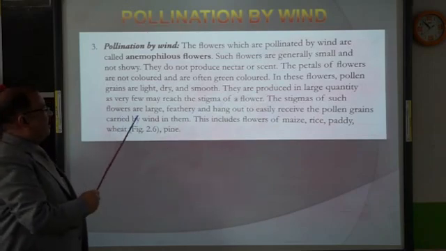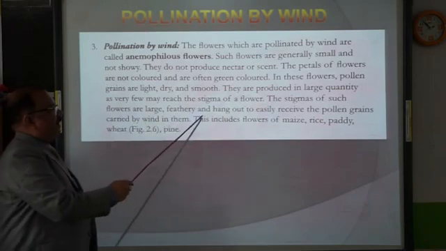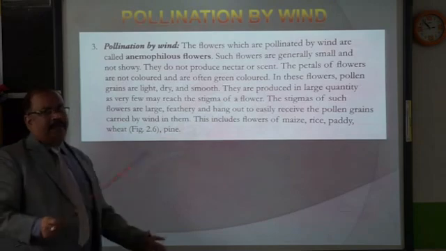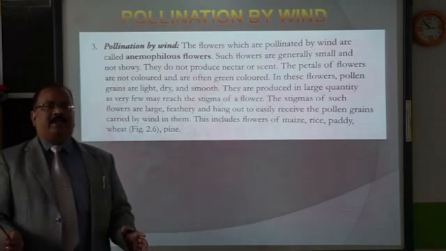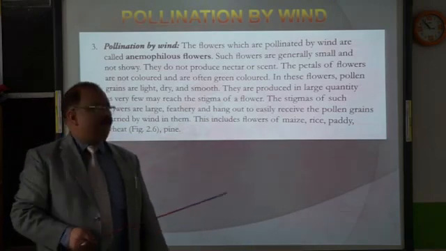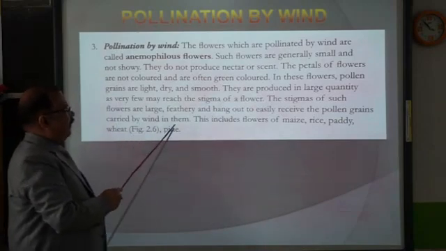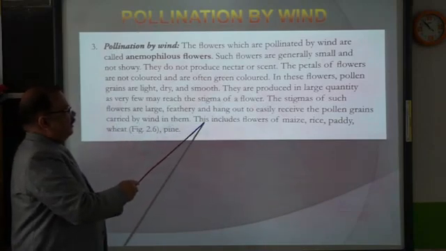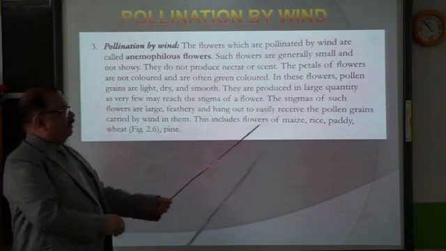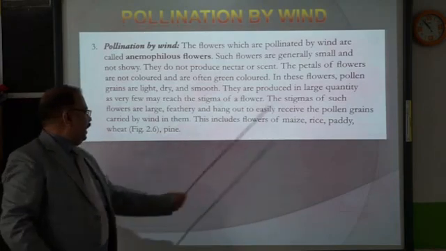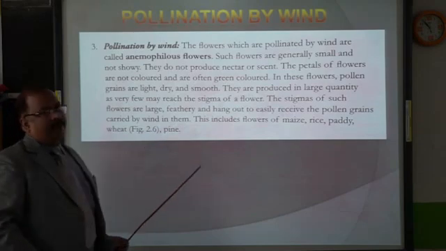The stigmas of such flowers are large, feathery and hang out. So they are large, they are feathery, so that they can collect all the possible pollen grains carried by wind. This includes maize, rice, paddy, wheat and pine.